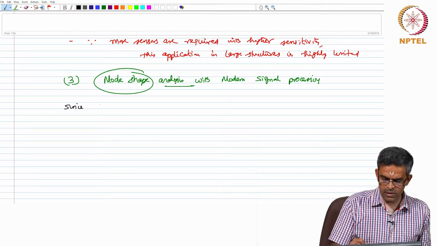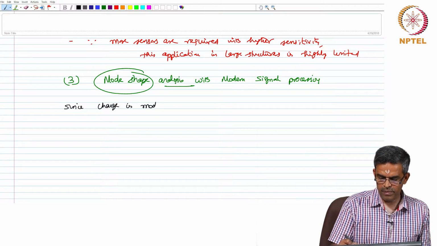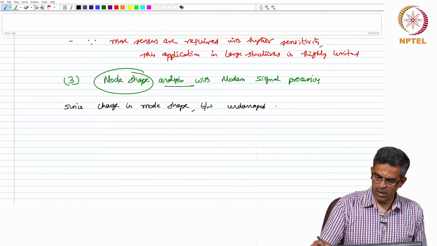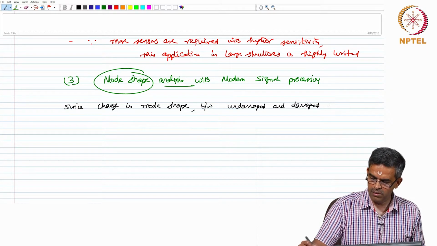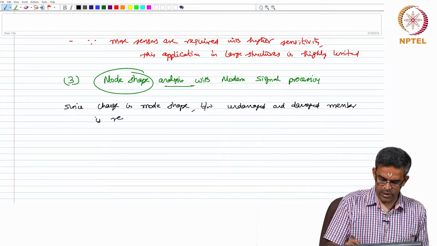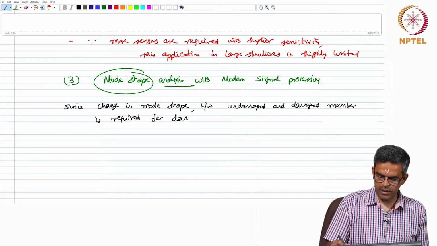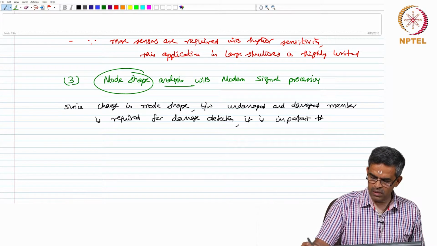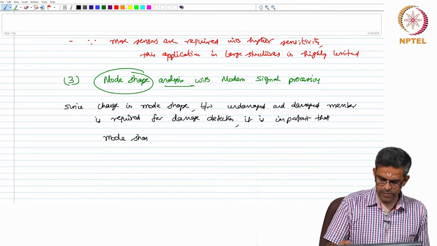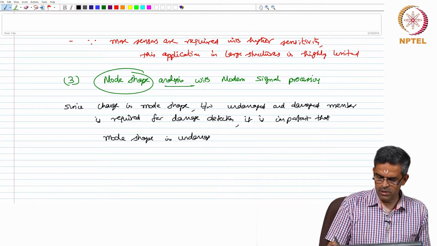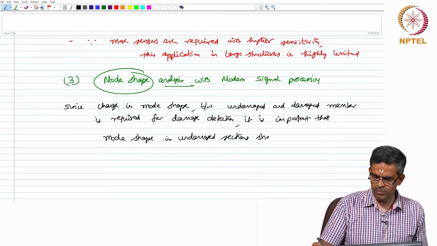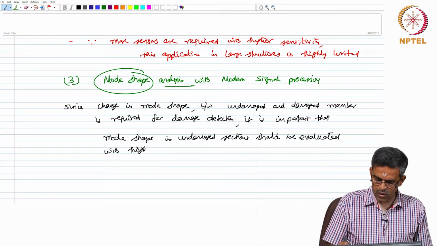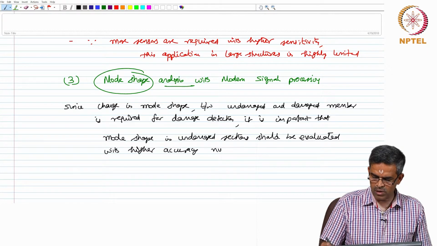Now, interestingly friends, since change in mode shape between an undamaged and damaged member is required for damage detection, it is important that mode shape in undamaged sections should be evaluated with a higher accuracy numerical model.